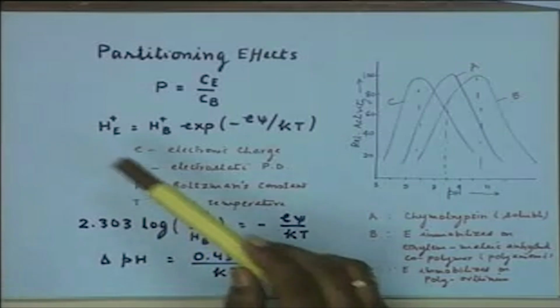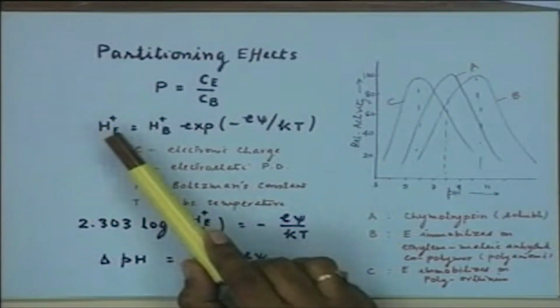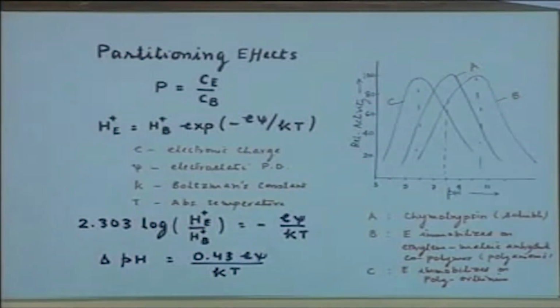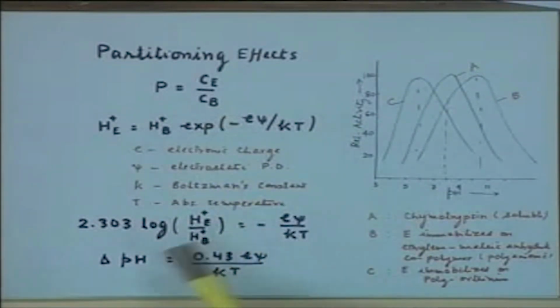The concentration in the enzyme phase, that is in the carrier matrix, is given by He is equal to Hb exponential minus E psi over kT, where E is the electronic charge, psi is the electrostatic potential difference between the two phases, k is the Boltzmann constant, and T is the absolute temperature. Simplifying this, you can get delta pH equal to 0.43 E psi upon kT. What is psi? It is the electrostatic potential difference between the two phases. That means the potential as a result of the charge in the two phases.